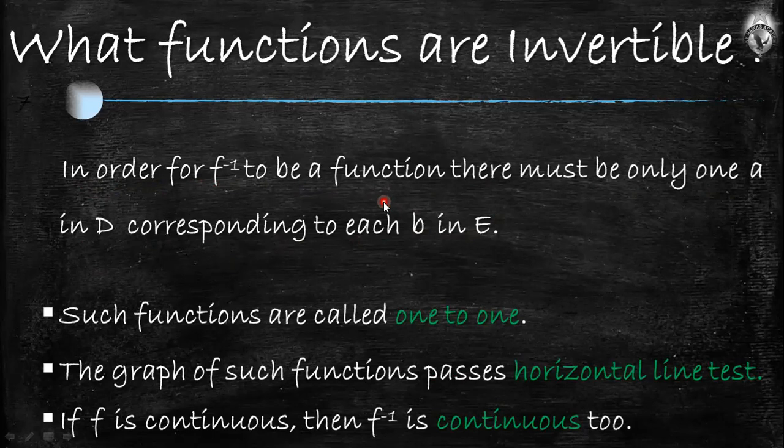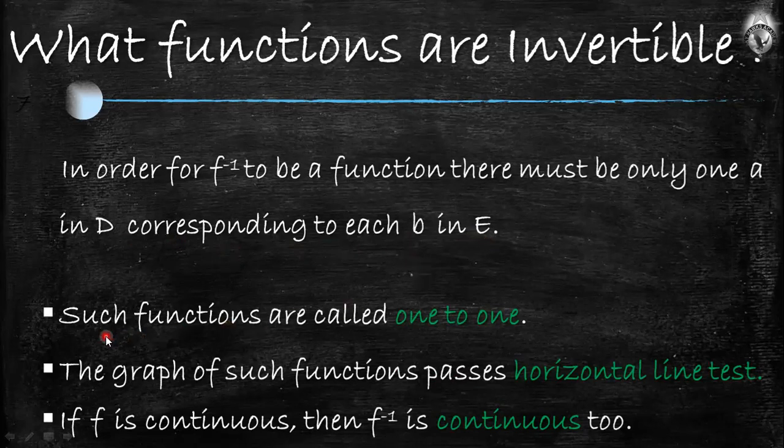So if we are reversing the direction of the arrow, there must be one and only one element in D, that is the domain, corresponding to each b in E, that is the range, or what we can say the codomain. So only one arrow, one image, going one to one. That means that function must have the inverse.